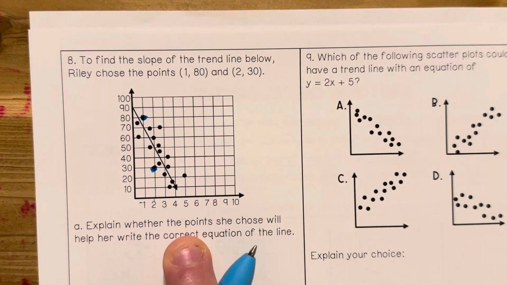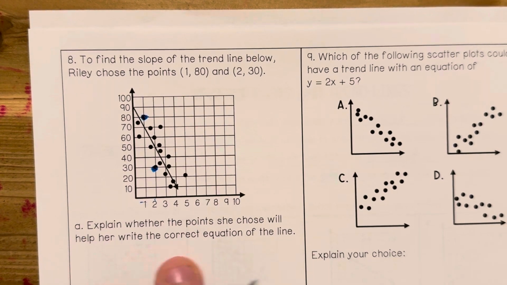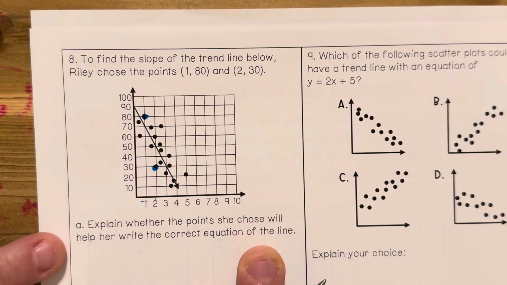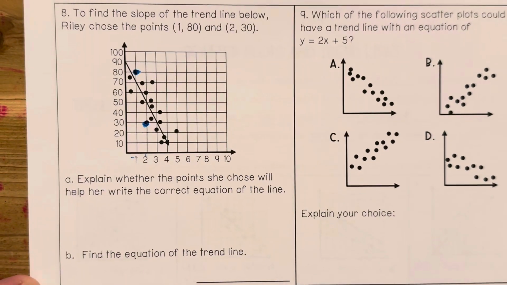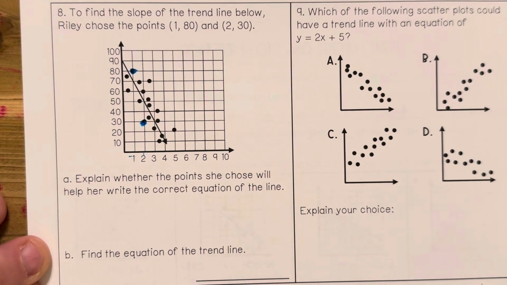Explain whether the points she chooses will help her write the correct equation of the line. So if she's writing the equation of the line, would I use those 2 points to write the equation of the line? Think about what we use. Do we use points that were on the line or off the line? On the line, right?